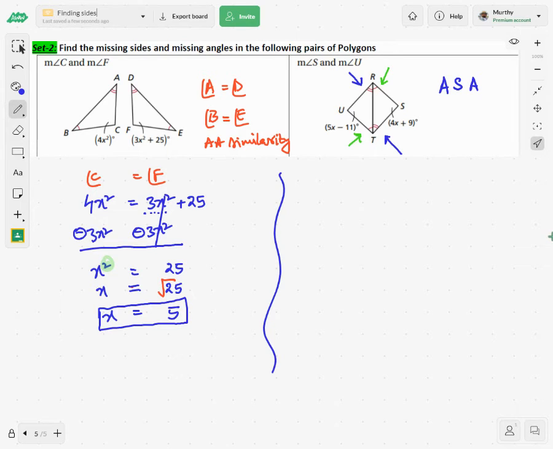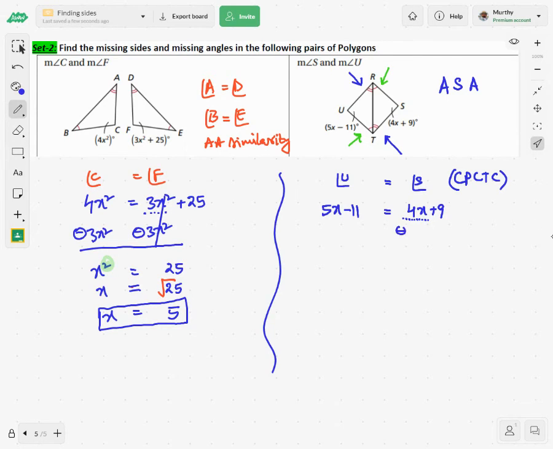If these two are congruent, angle U equals angle S by CPCTC, corresponding parts of congruent triangles are congruent. So CPCTC. What's the value of U? It is 5x minus 11 equals 4x plus 9. Earlier also I mentioned that I always focus on the variable with the smallest coefficient.